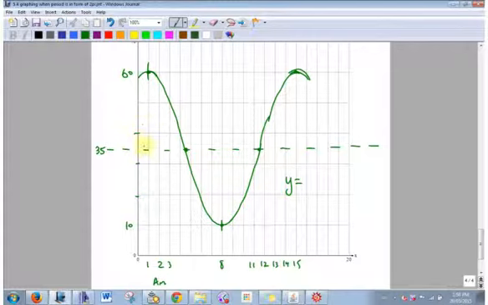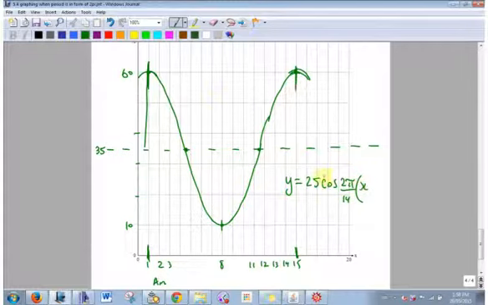What's my amplitude from here to there? 35 to 60 is 25. I want to use a cosine. What's my period? From 1 to 15 is 14. And again, you can bracket that if you want. You don't really need it.